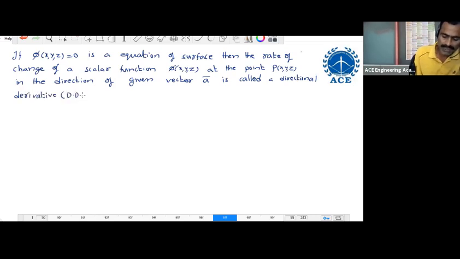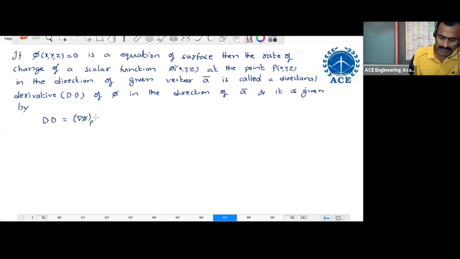In short form, dd of phi in the direction of a bar, and it is given by dd equal to del phi suffix p dot a bar by modulus of a bar.